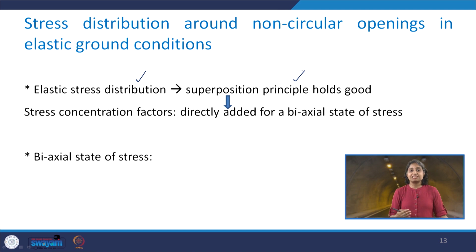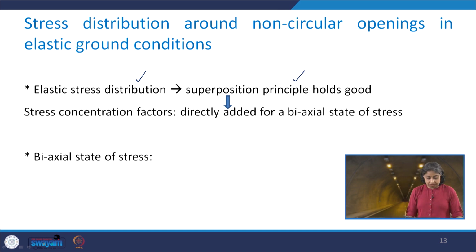Like previously we saw that case 1, case 2 and case 3 were all uniaxial states of stress. Now, in case Sx and Sy both are present and Txy is equal to 0, then you can apply the principle of superposition and obtain the stress concentration factor.